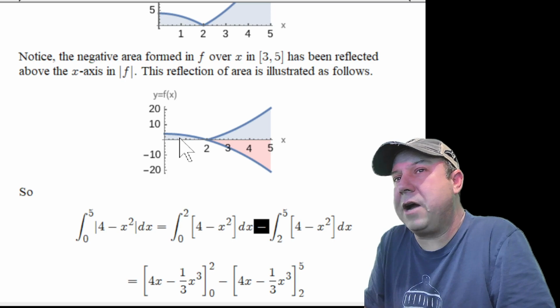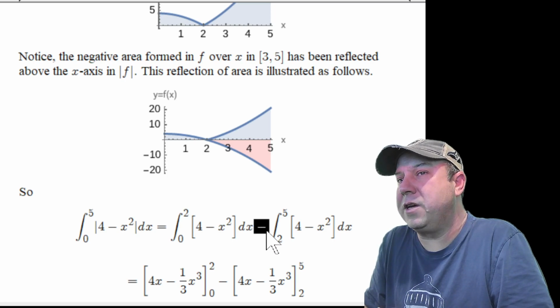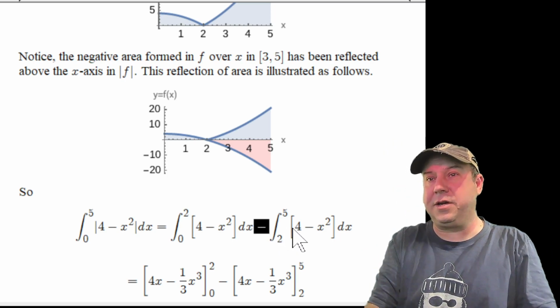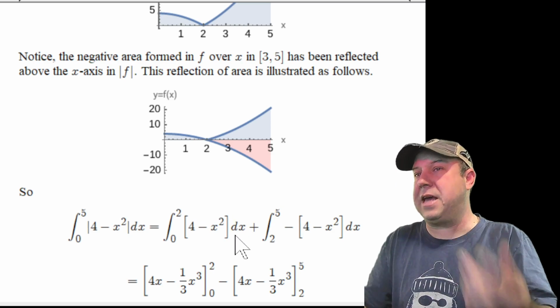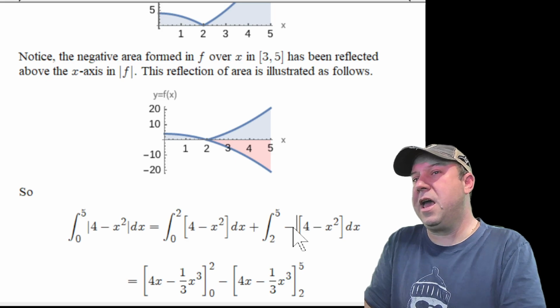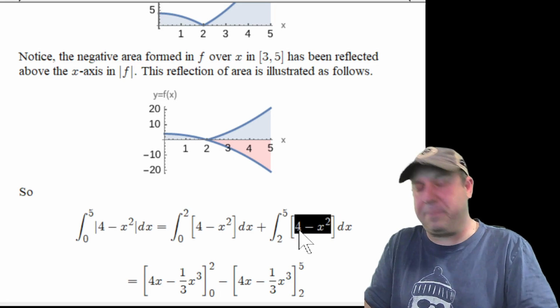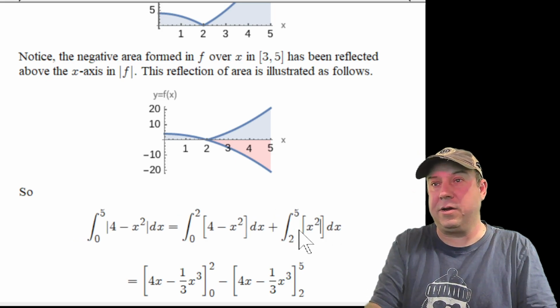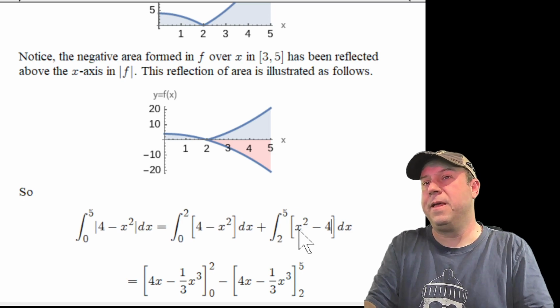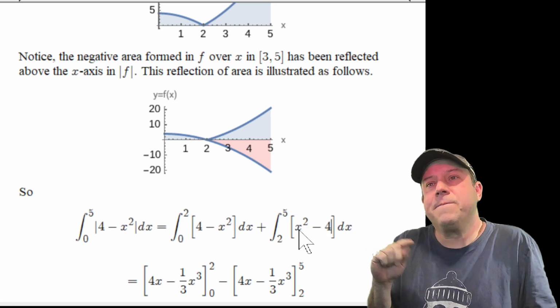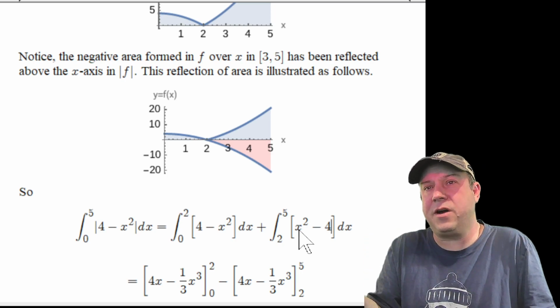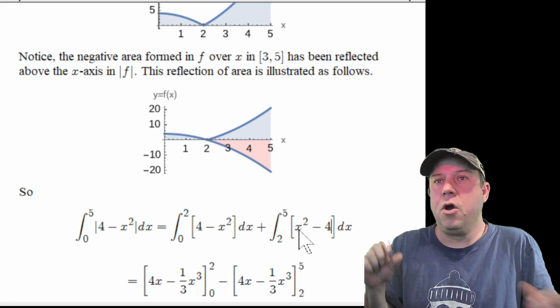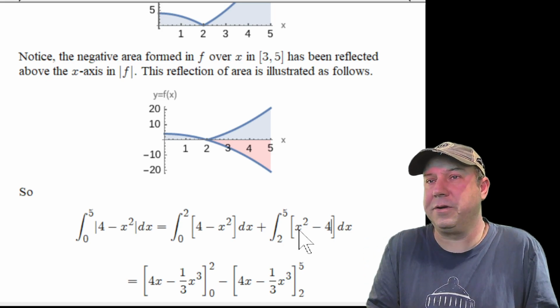In a sense, you're calculating two separate areas. If you think about applying this difference here, you're actually taking the sum of the positive for what's going to be the opposite of this function. And what's the opposite of this function? Well, the opposite of this function is x squared minus 4. So you're actually calculating the net area trapped between two different functions, one function and its opposite, over two different regions here.